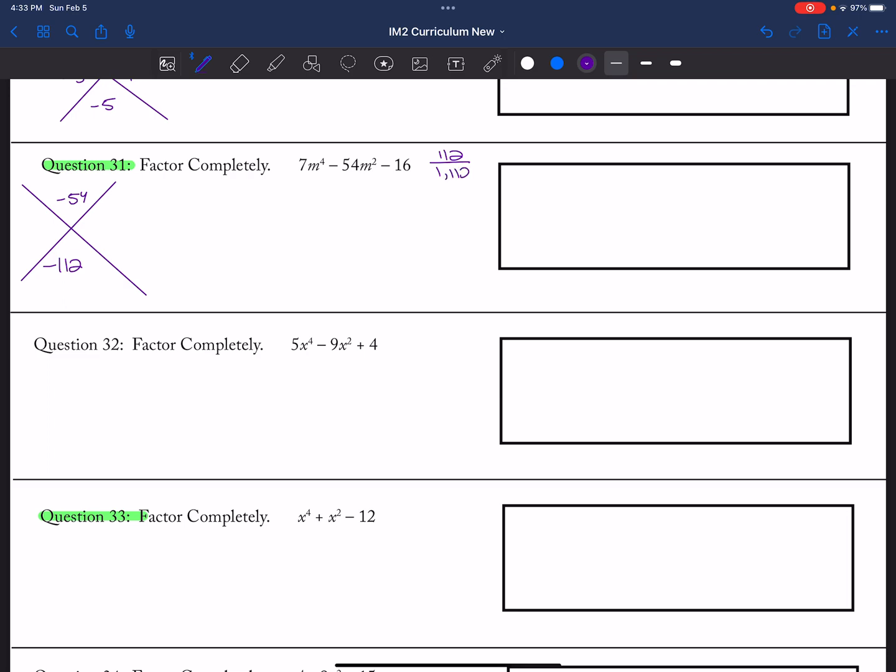So 1 and 112. 2 and 56. 3 doesn't work. 4 and 28. 5, 6, 7, 8, and 14.